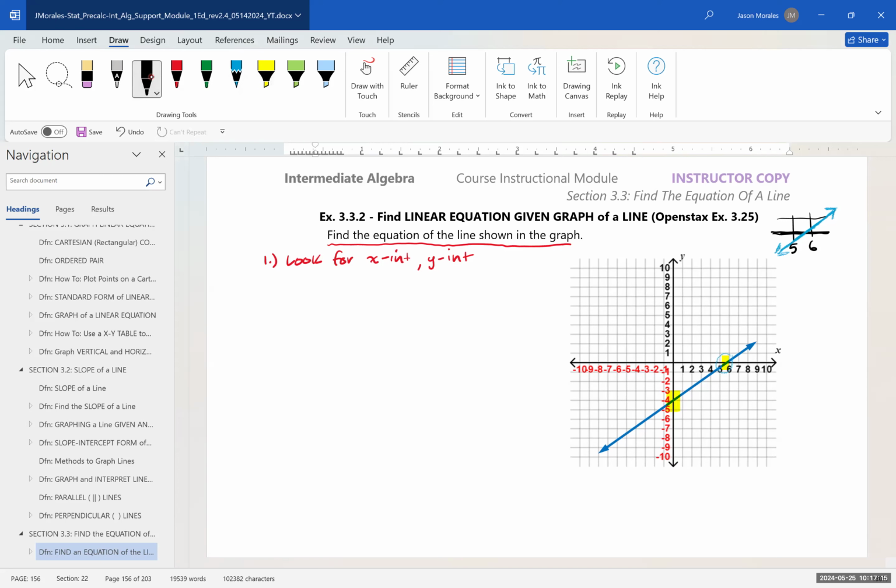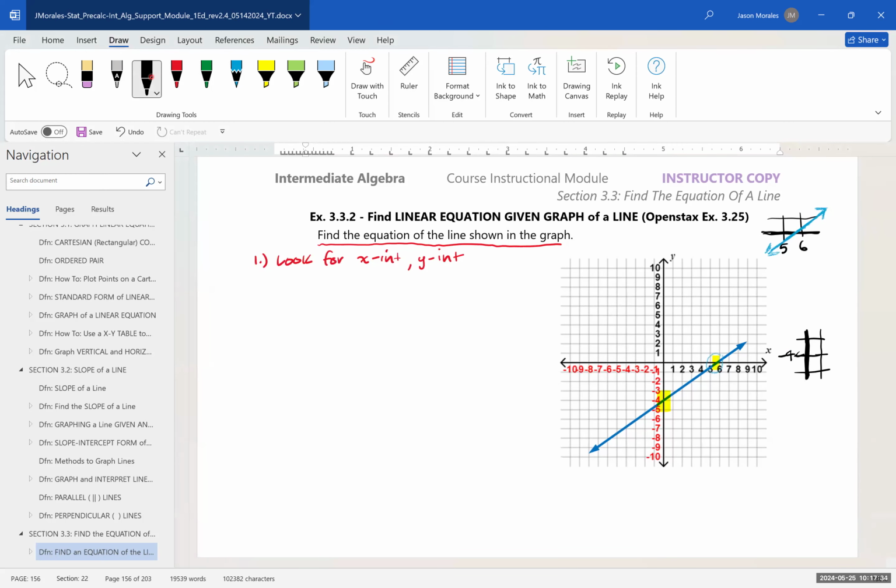Right here with the y-intercept, if I kind of redraw the grid around that, kind of doing like a zoom here, this is -4, -4, -3, -5. And you can see our line is going right through the intersection where the y-axis intersects this -4 tick mark.